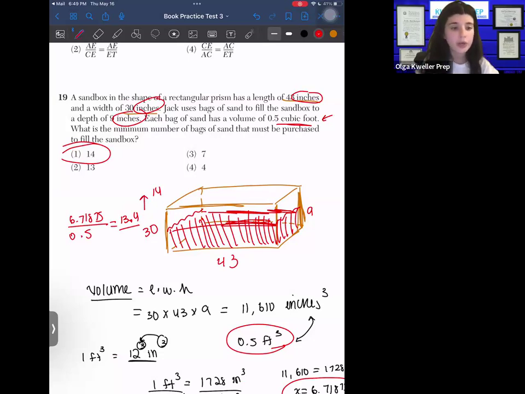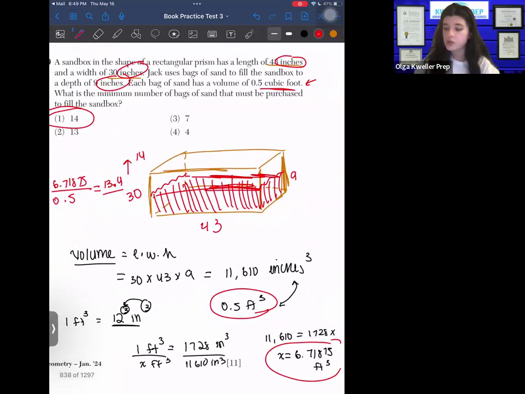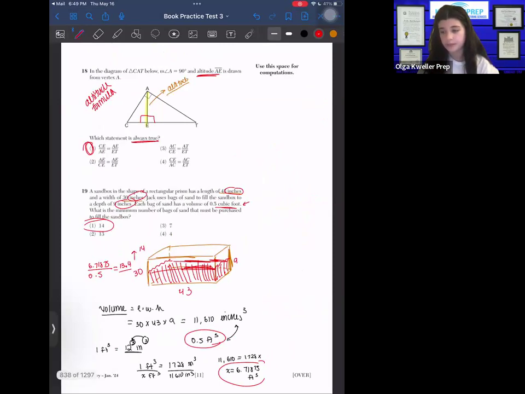And you saw in the other question, the units were stable. We didn't have to do this. But in this question, we went from inches to feet. So make sure that you're checking the units and then make sure what's the factor of the unit. So is it square? Is it cubed? And make sure that you are then squaring or cubing your conversion factor. That's the most common mistake here.